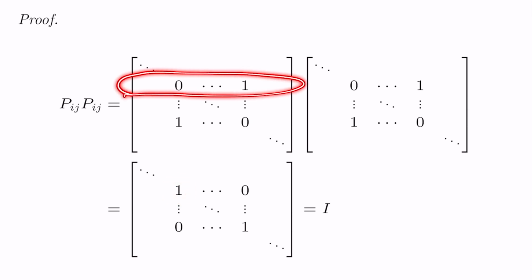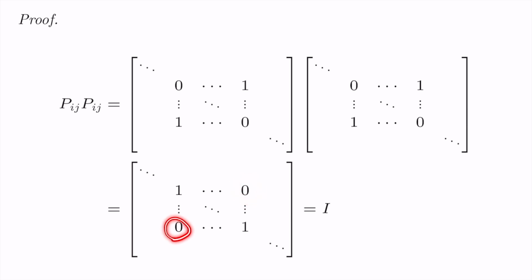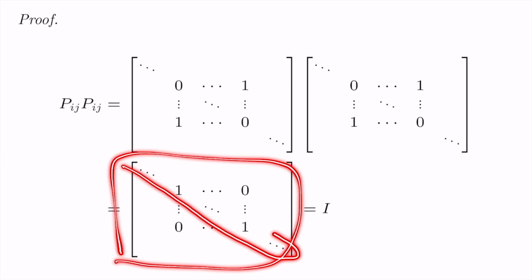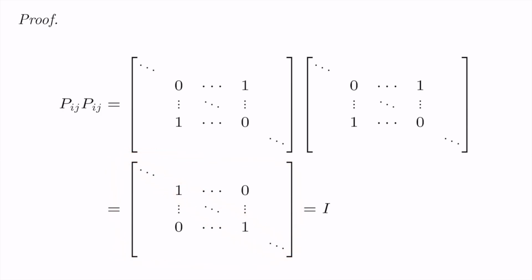So row i, column j, 0 times 1 is 0, 1 times 0 is 0. So the ij element becomes 0. And similar for this one and this one. And as a result, we get this diagonal matrix with all the diagonals being 1. That is the identity matrix. So since Pij is the same as Pij, of course, we can see that Pij is the inverse of itself.